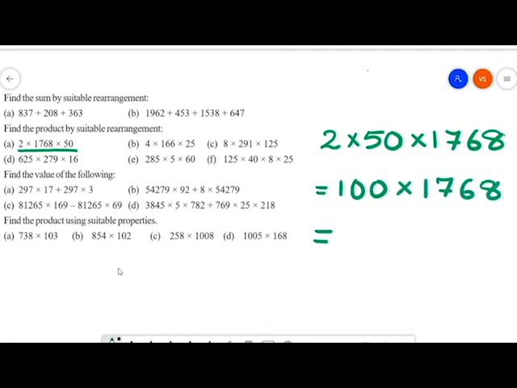The answer is 68 and 2 zeros, 1,76,800. So the same way you can find the product of this also. We'll first multiply these two, then we will go for the further multiplication. So in all these questions you can rearrange them in such a way that we will get the answer easily.